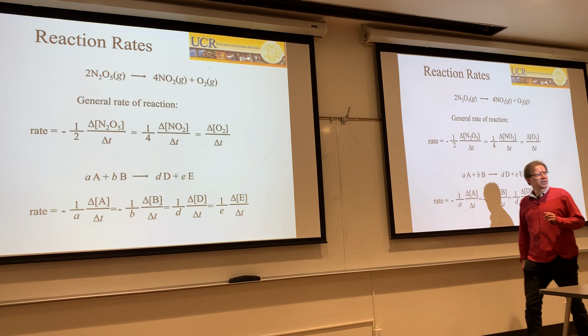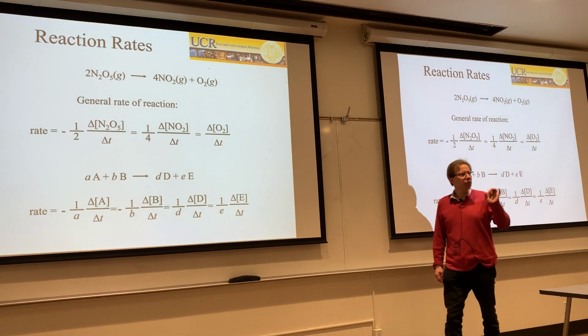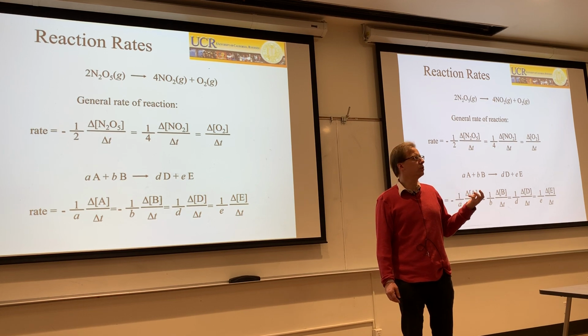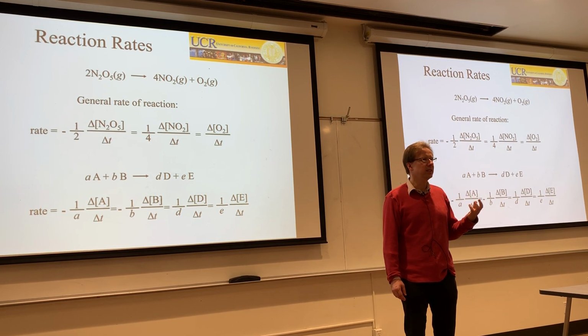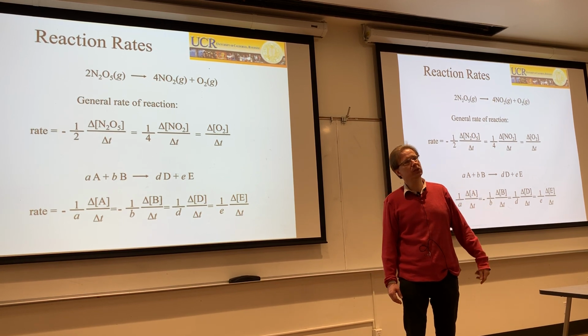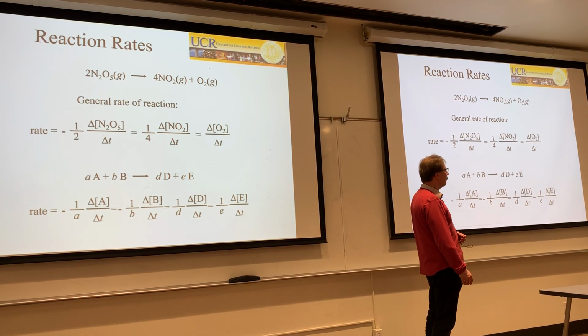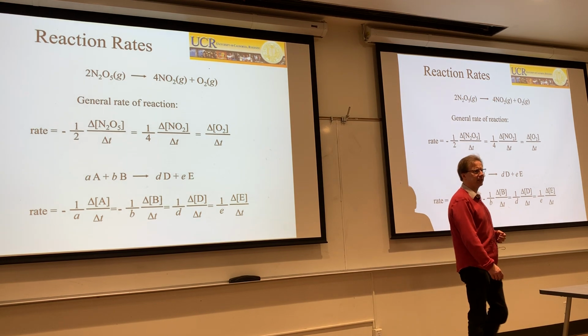Now we have another complication. If people do thermodynamics or statistical mechanics, they always assume stoichiometric coefficients of reactants are negative values, and stoichiometric coefficients of products are positive values. If people do kinetics, they often forget that.